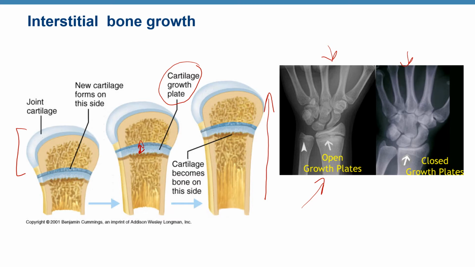This arrow shows this line. It looks like almost there is a fracture inside the bone, but that's not a fracture, it's just a cartilage, and cartilage appears darker on the X-ray. And in this picture you don't see the plate anymore, it's a closed growth plate, so what is left is just a line. And if we only have a line, we know that this bone cannot grow longer anymore.